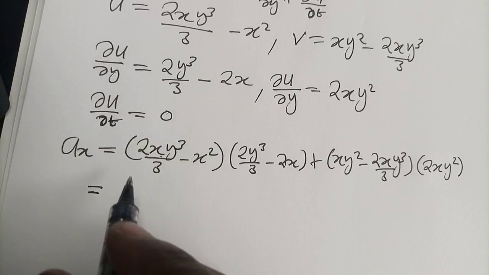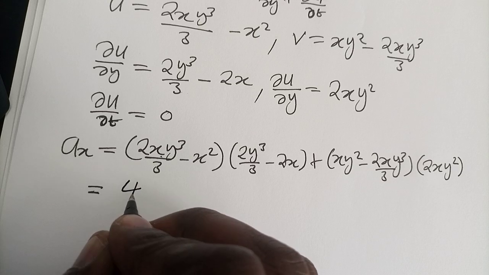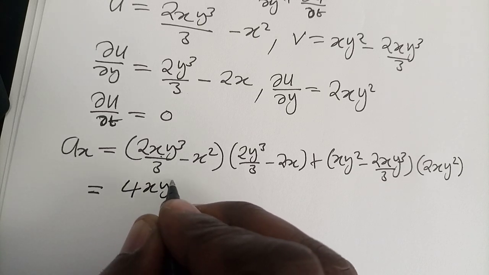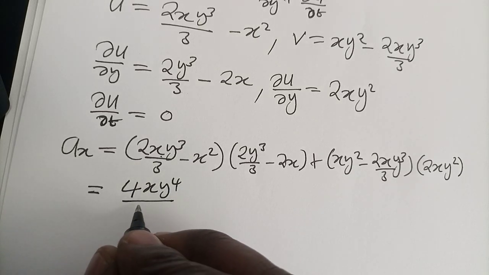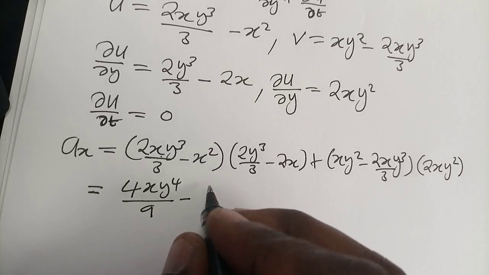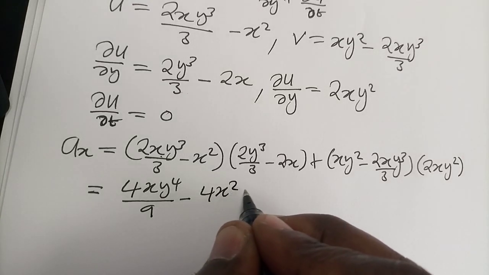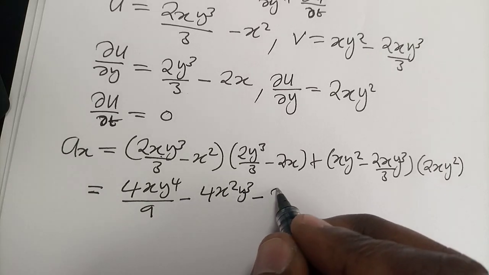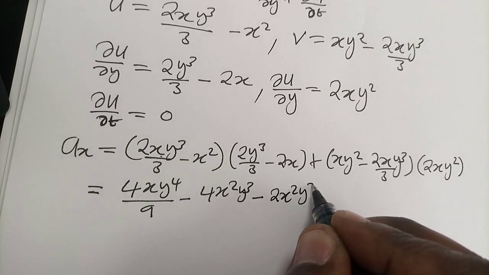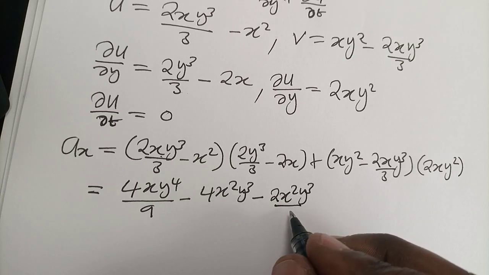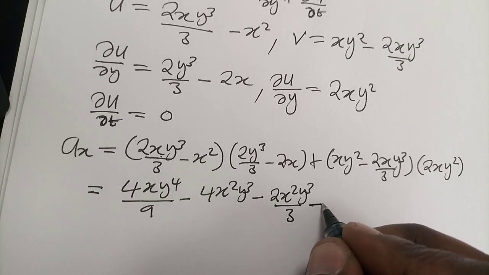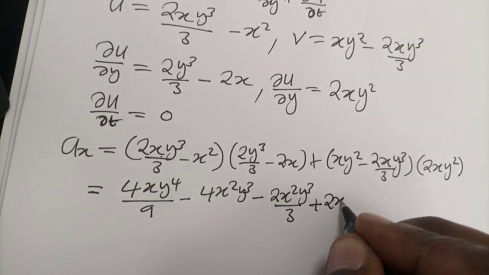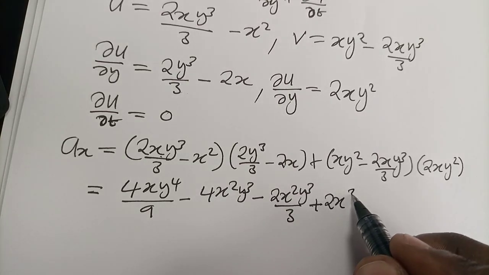this times this. We should get 4xy^4 over 9 minus 4x squared y^3 minus 2x squared y^3 over 3 plus 2x^3.